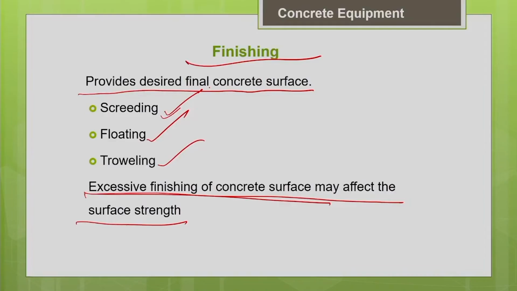If the concrete has not dried up and there is some bleed water on the surface, your concrete will not be stiff enough to receive the texture you are trying to give it. Only when the concrete dries up will it be easy to smoothen or polish it. That is why between every stage of finishing we should give some time interval, allow it to dry and then do it in stages, so that it will be easy to smoothen and polish it.